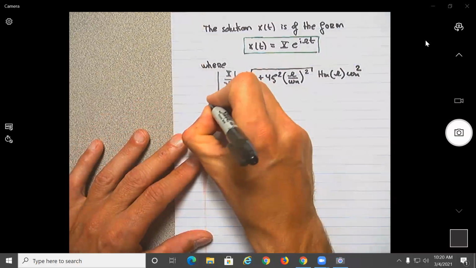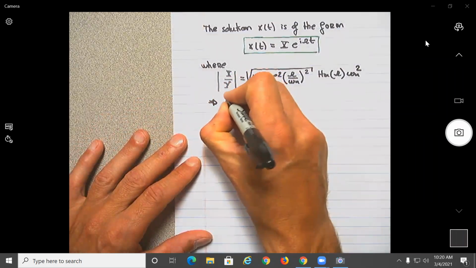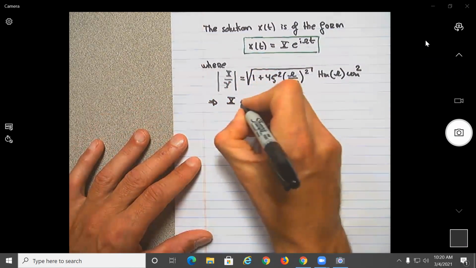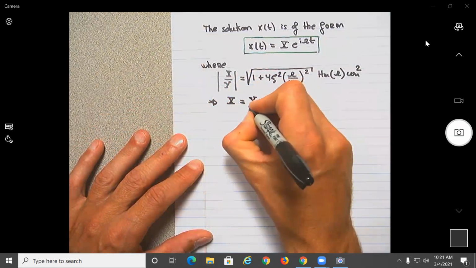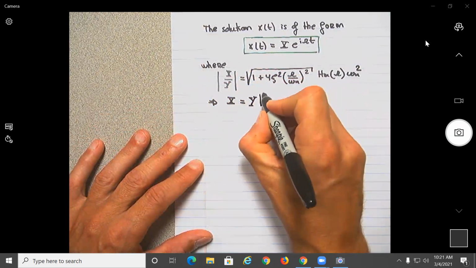Okay, so this will mean that x will be equal to the y times all this stuff here.